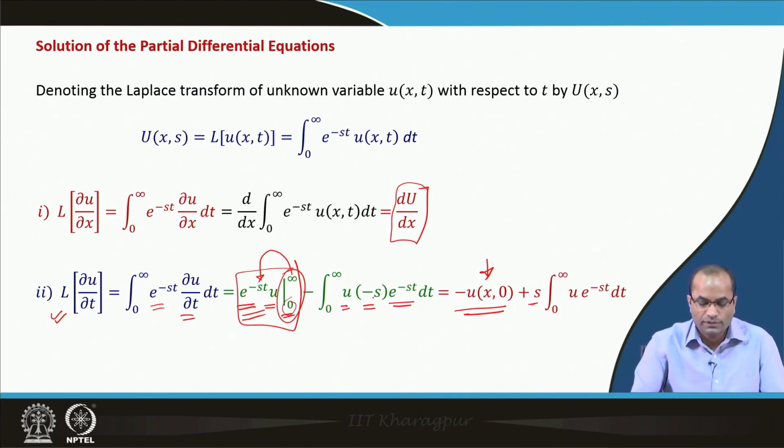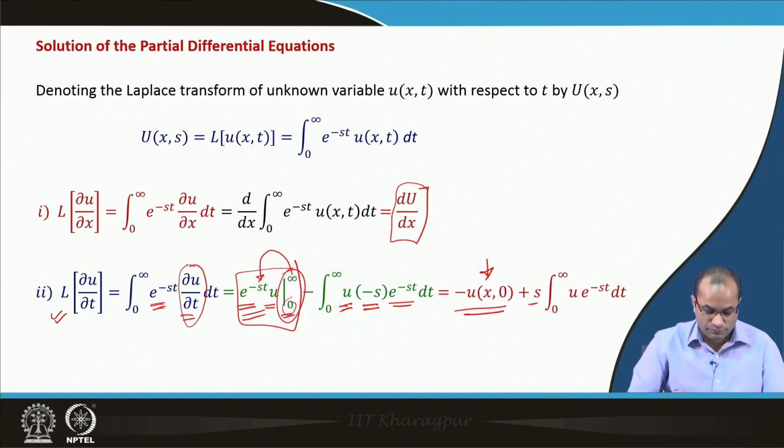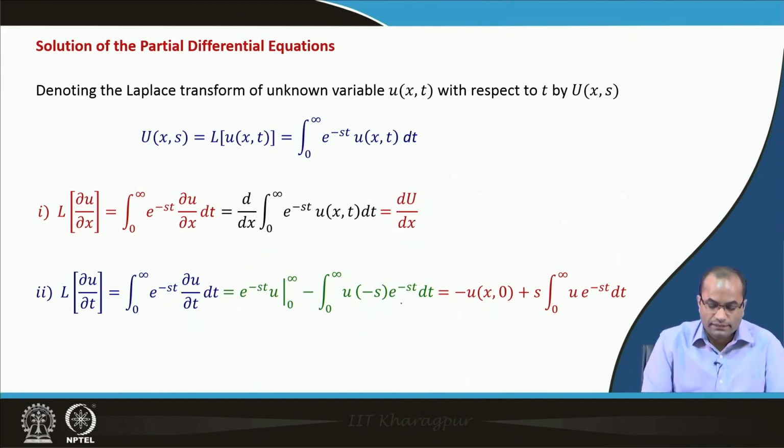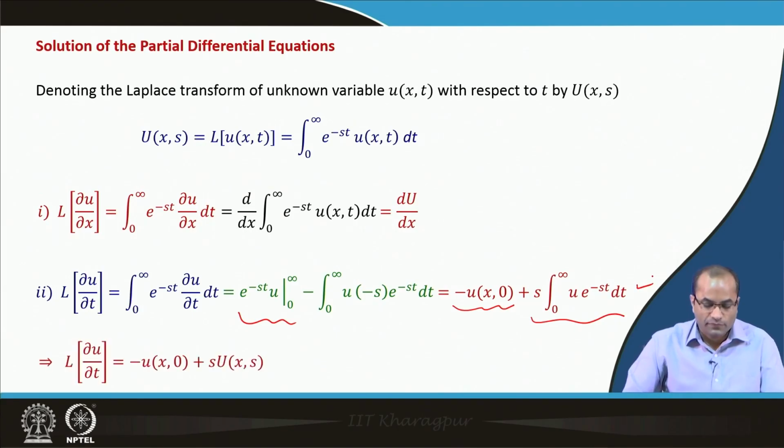For the second term, we have to differentiate e power minus s t, so the minus s term will come, and then we have u because of the integration of ∂u/∂t. As a result, what will we get? We will get minus u(x,0), and for the second term we will have s times the integral of u e power minus s t dt.